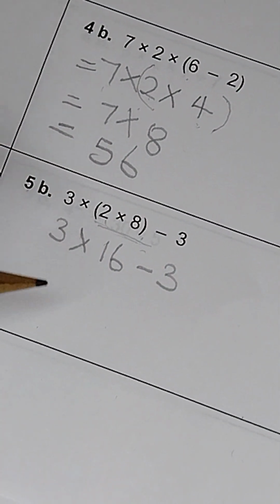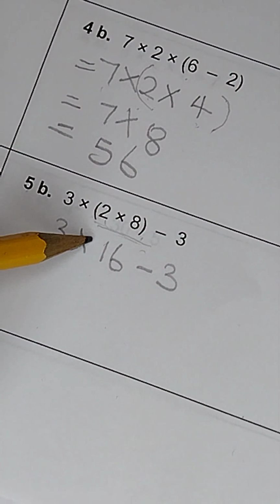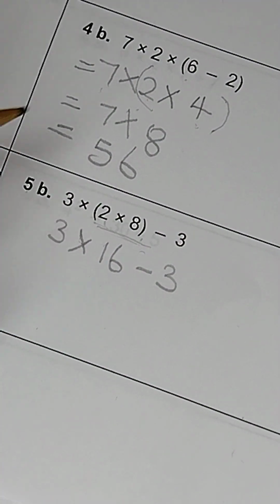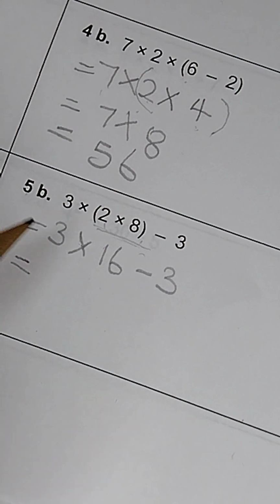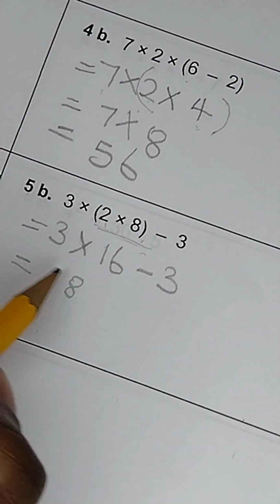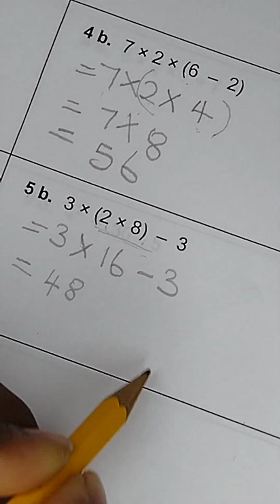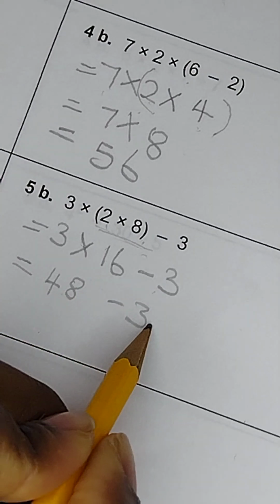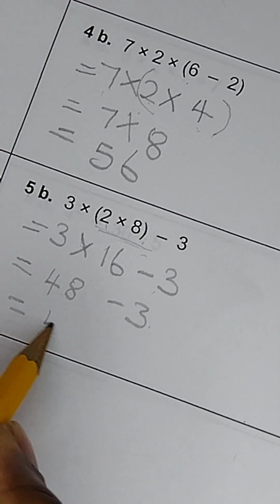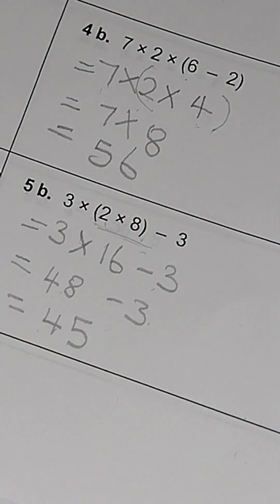Now, because multiplication comes before subtraction, we're going to do 3 times 16 first. Okay. So 3 times 16 is 48. Then you bring down the negative 3. So 48 subtract 3, and that gives us 45.